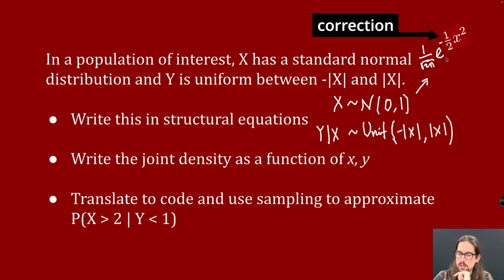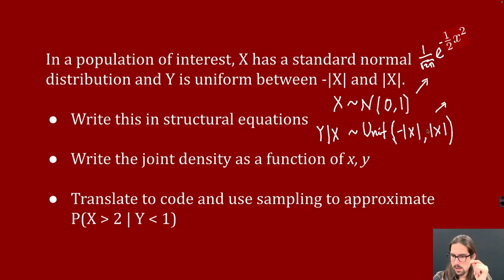This conditional density, for a given little x fixed, is the function that's 0 everywhere, except it takes the value 1 between these two values. Let's write this a more intuitive way first, and then I'll show you the usual notation.